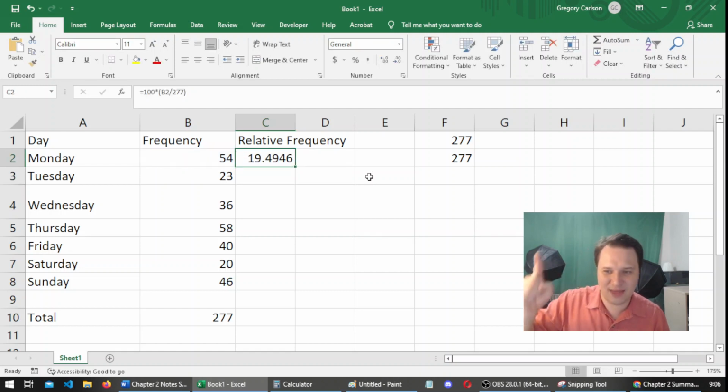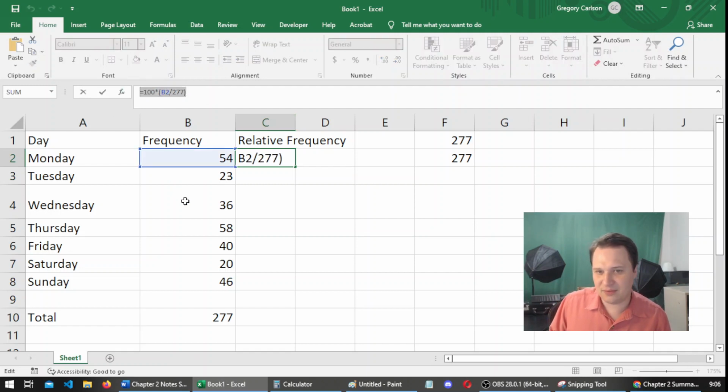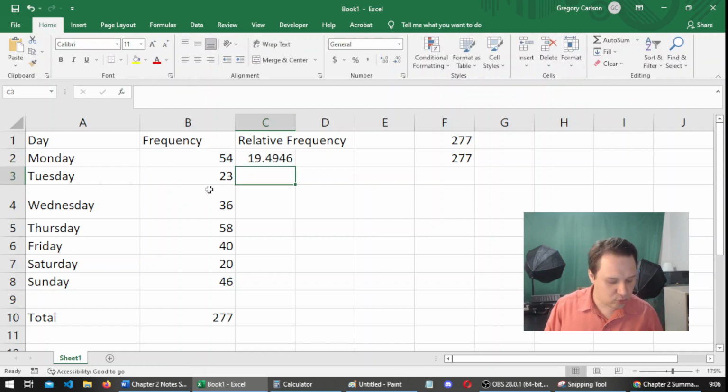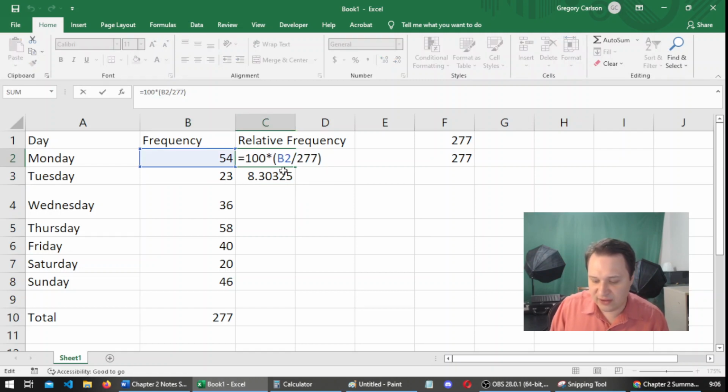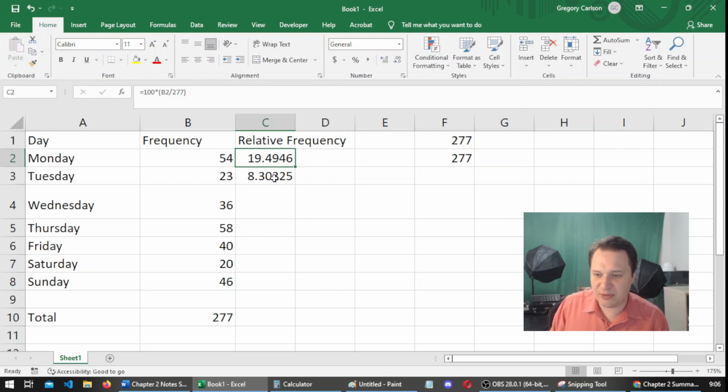Now here's why Excel is awesome. What's stored here is the formula, not the number. And so watch what I can do. I can go up and use Control C to copy, and watch what happens if I hit Control V. Notice it gives me the percentage of this number. And the reason is because when I hit Control C and Control V, it didn't copy the number, it copied the formula.